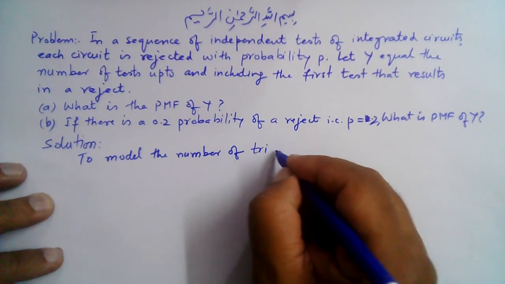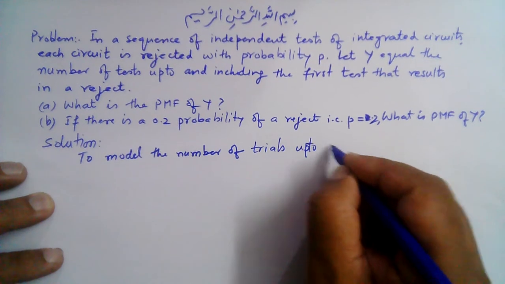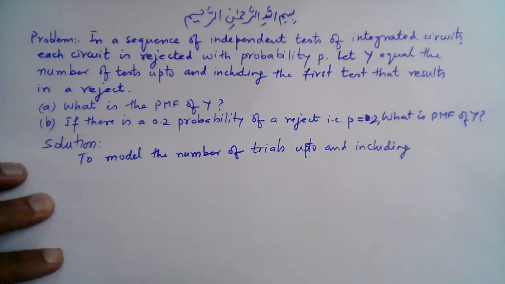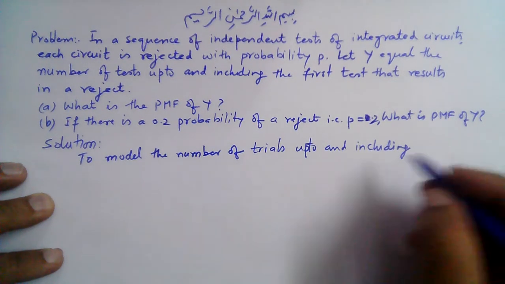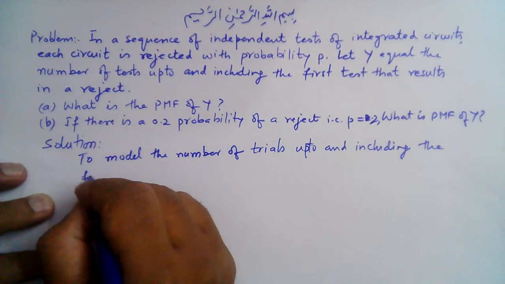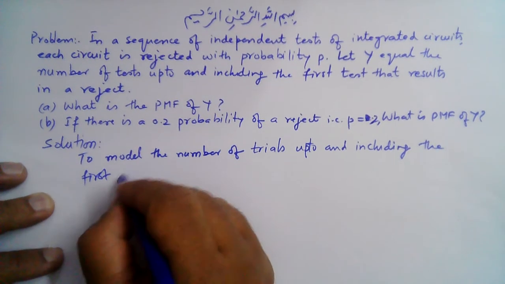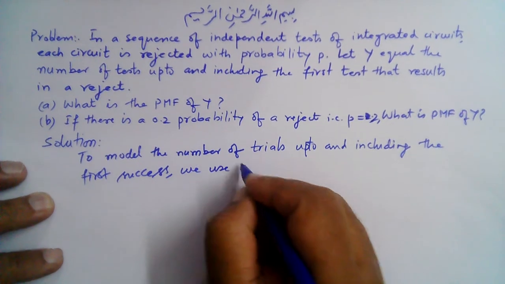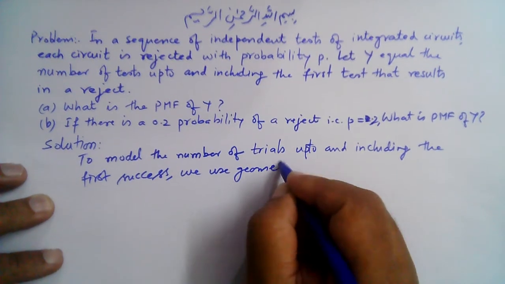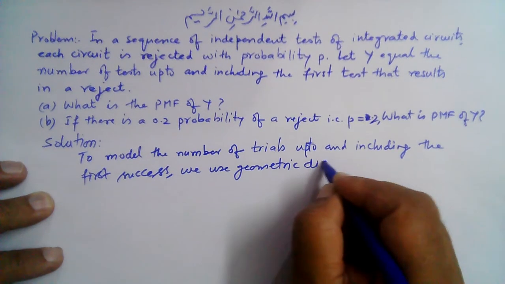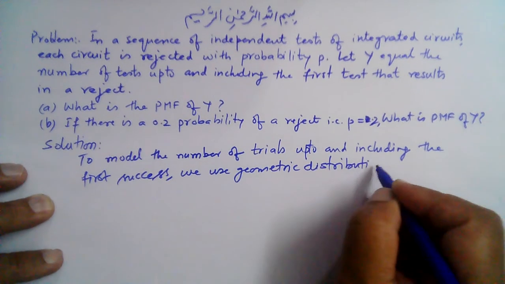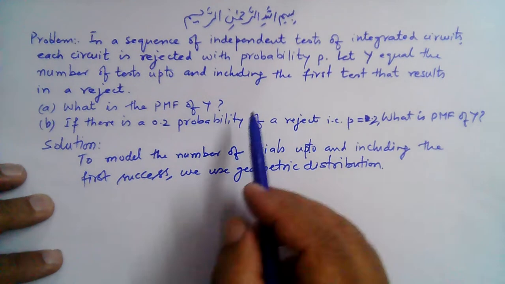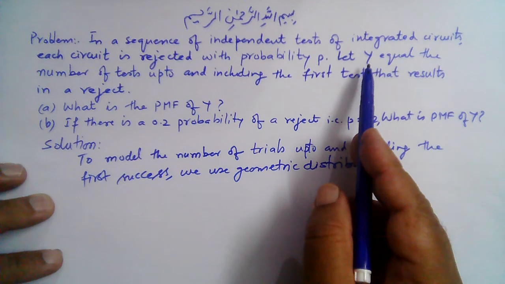We use geometric distribution or geometric random variable. So in this case, this random variable Y is a geometric random variable, right?